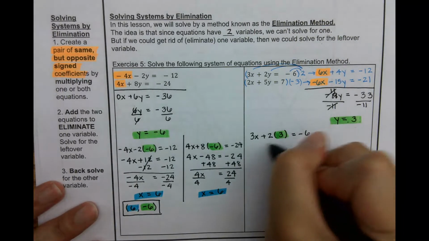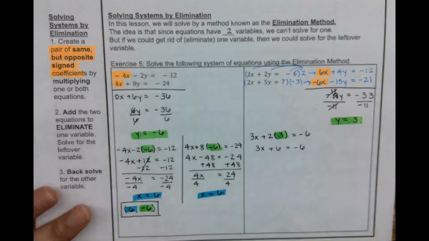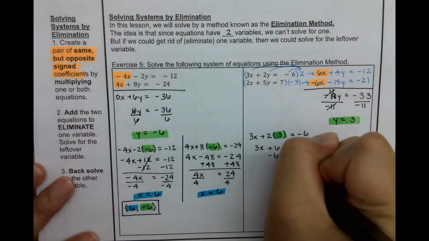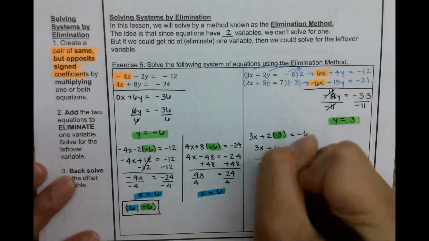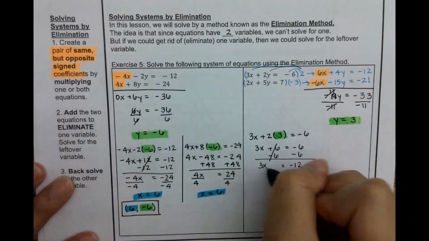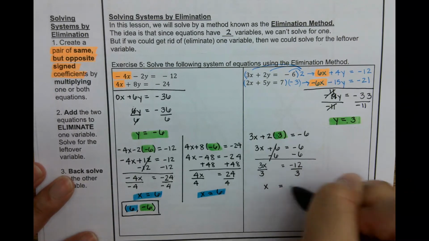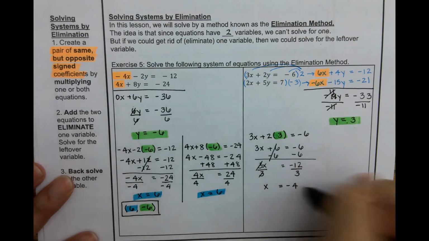So 2 times 3 is 6, so 3x plus 6 equals negative 6. Get rid of the plus 6 by subtracting 6, so 3x equals negative 12. This is 3 times x, so get rid of the times 3 by dividing by 3. And I get x equals negative 4.